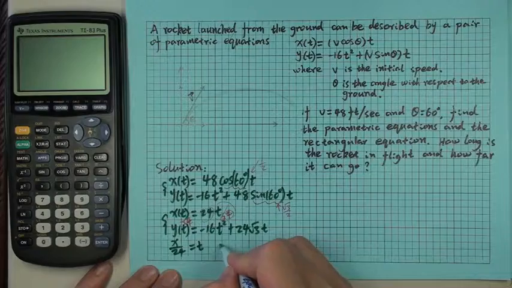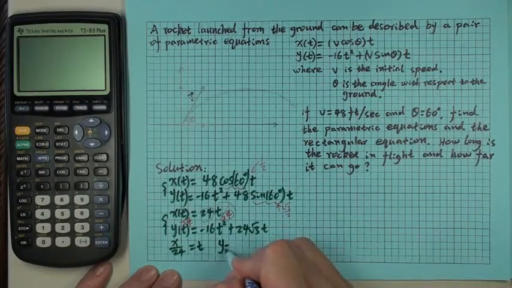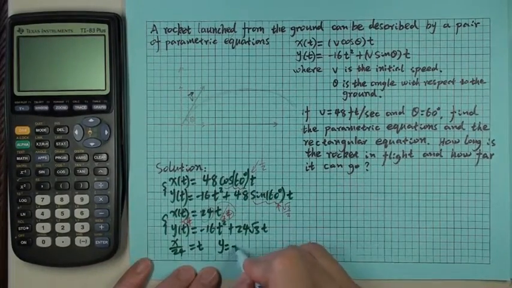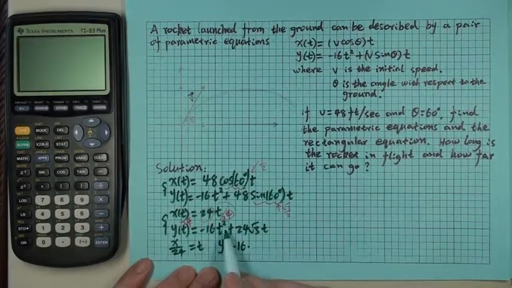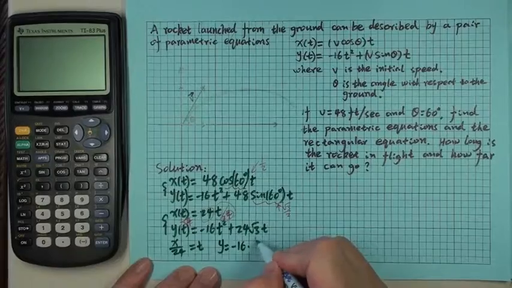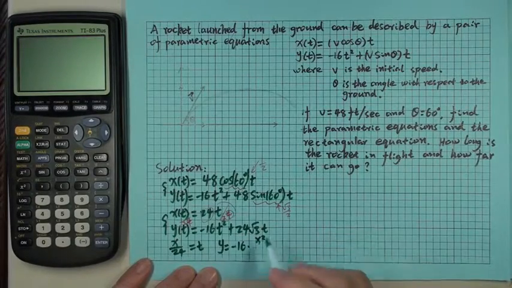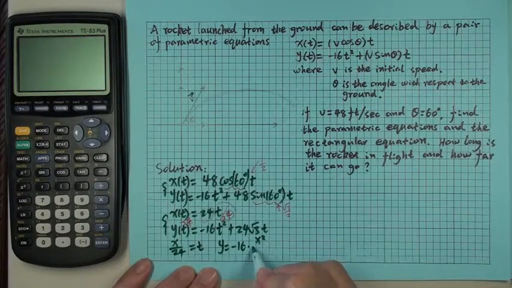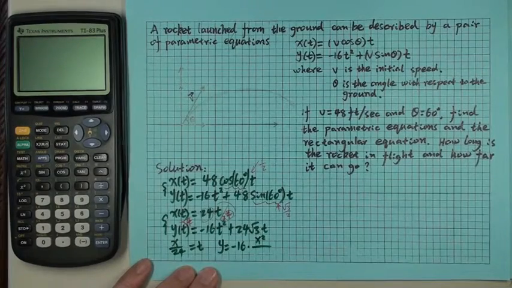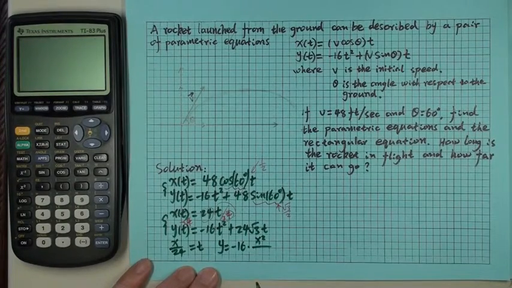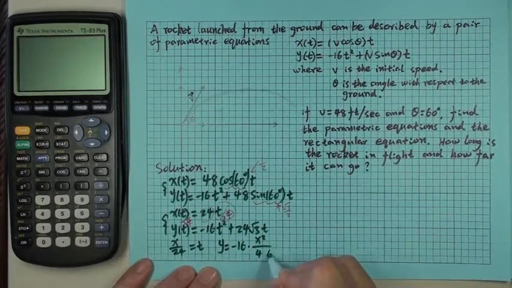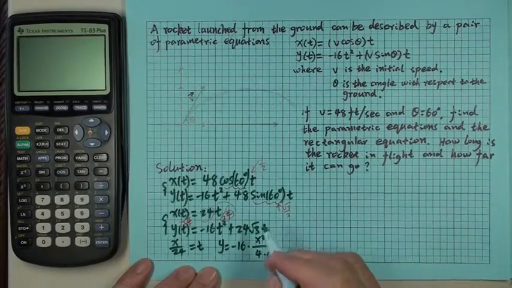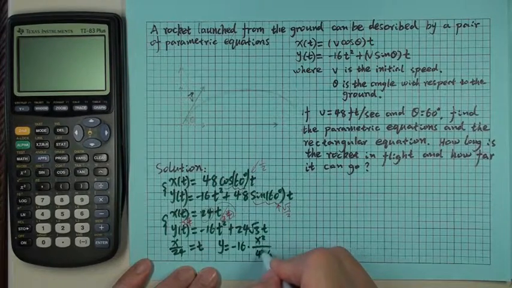So y equals negative 16 times t squared, and t squared is x squared over 24 squared. 24 is 4 times 6, and then it is squared, so we square it.